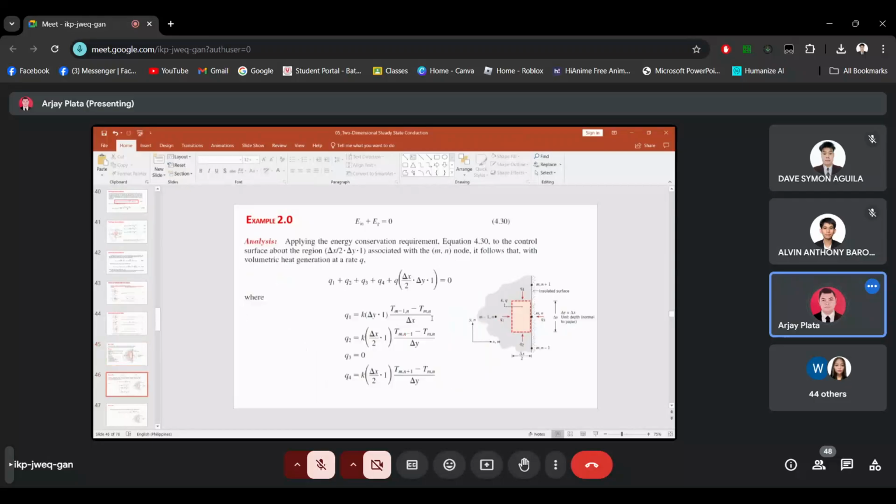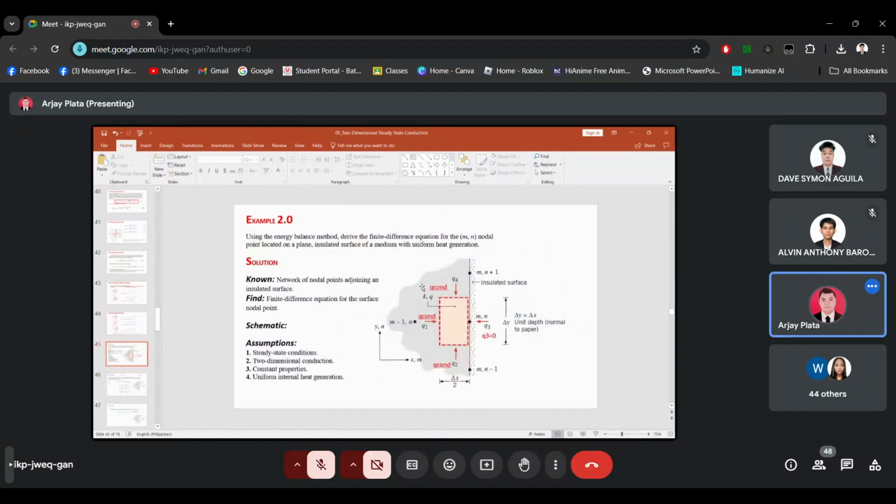Okay. So based on the energy balance, energy in plus energy generated is equivalent to zero. So we will sum up all the energy coming in plus the energy generated. You have one, two, three, four heat transfers coming into this nodal point, into this network.